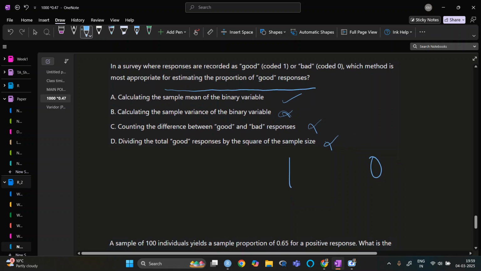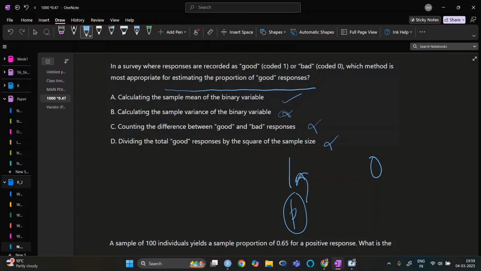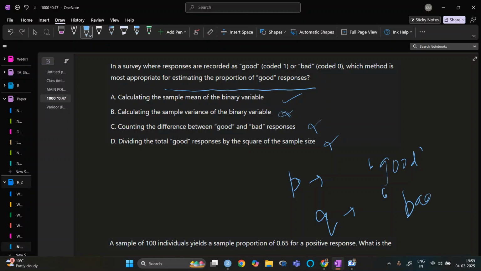If we take the mean, this p will give the proportion of good responses. Small p gives the proportion of good responses, and small q will give the proportion of bad responses. So for good responses, all we need to do is find the sample mean. For bad responses, we need to find 1 minus the sample mean.